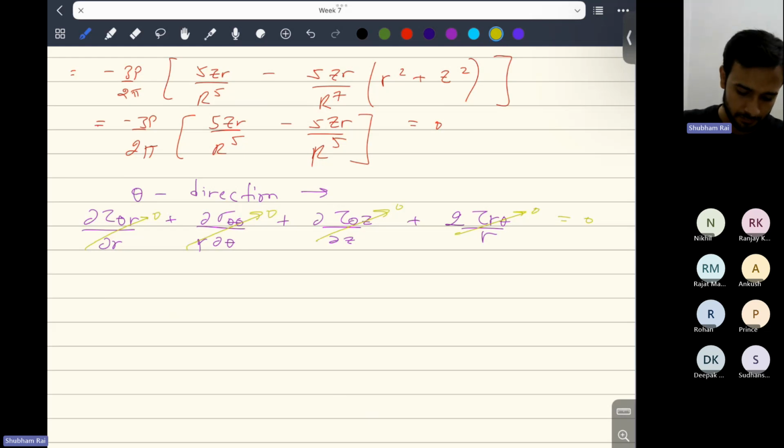Now we have the stress equilibrium equation in z direction. So let me write here z direction.